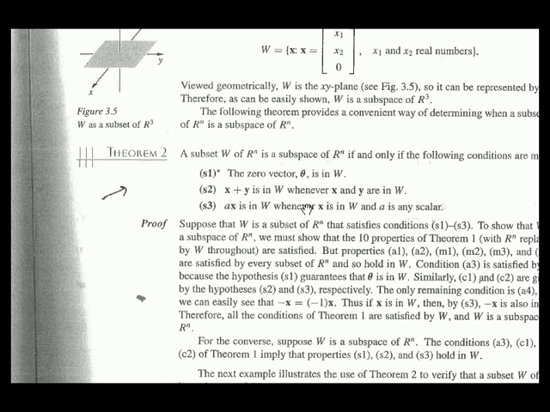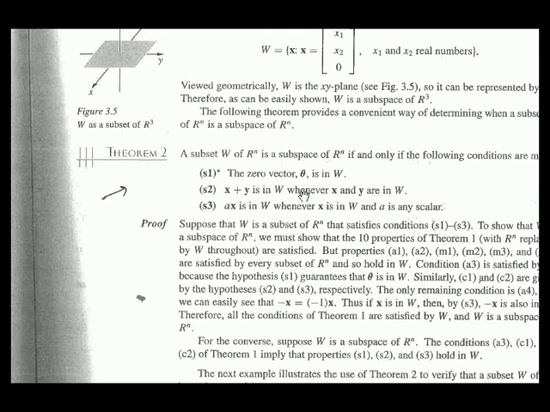On the other hand, a subspace of R3 would be the xy plane, because if you take any 2 vectors in the xy plane and multiply by a scalar or add them together, you're still in the xy plane. If the third component is 0, it's going to stay 0 when you add 2 vectors with third component 0, and when you multiply by a scalar. So the xy plane would be a subspace.